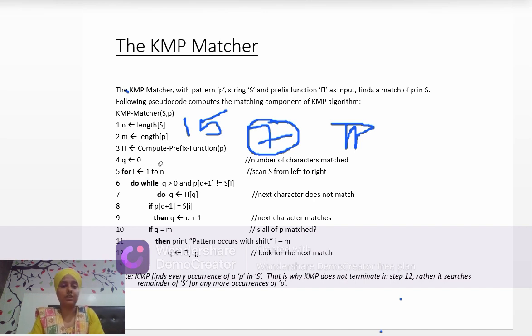After that we keep on incrementing the string from 1 to n. We keep on scanning from 1 to n. We check whether q is greater than 0.